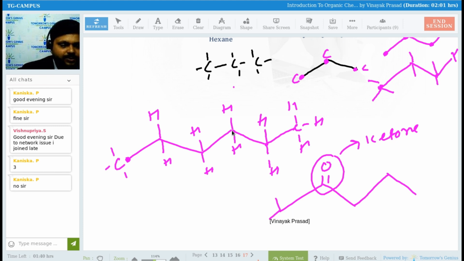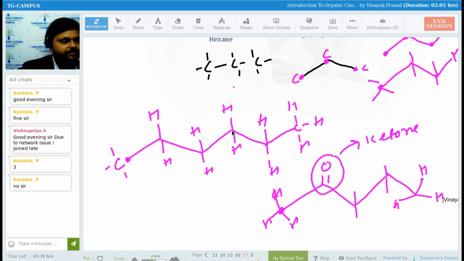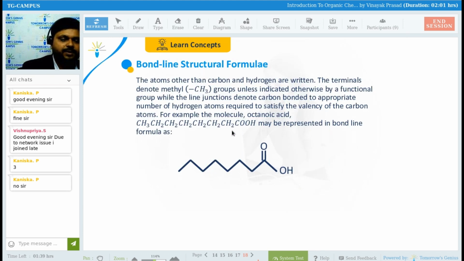So there will be 3 hydrogen with this carbon if nothing has been given. Now this carbon is fulfilled, here there will be 2 hydrogen, 2 hydrogen, and 3 hydrogen like this. Is it okay? Now come to the next part.